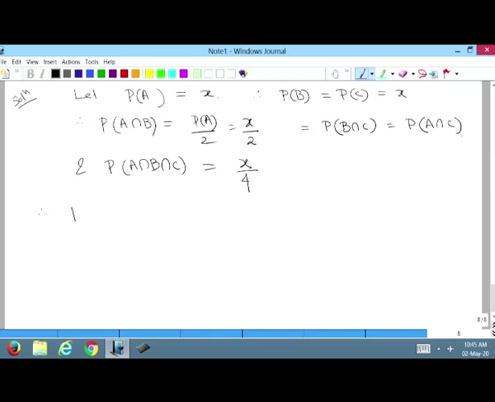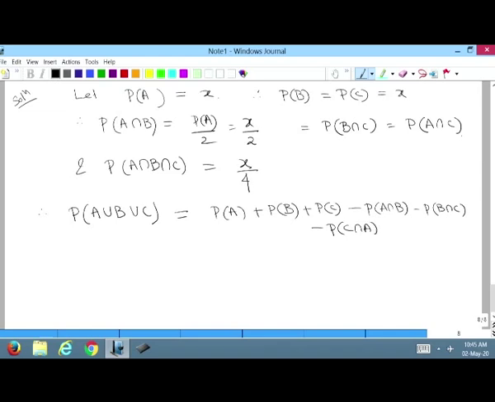Therefore, probability of A union B union C is equal to, we know that, probability of A plus probability of B plus probability of C minus probability of A intersection B minus probability of B intersection C minus probability of C intersected with A plus probability of A intersection B intersection C. Now, it is given that this is 1.